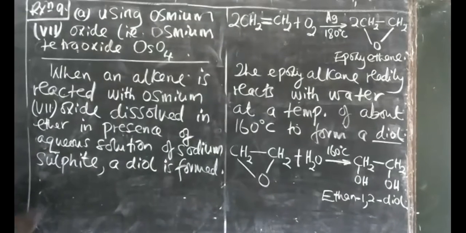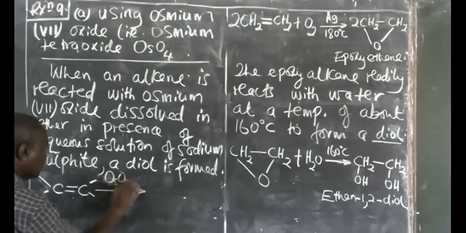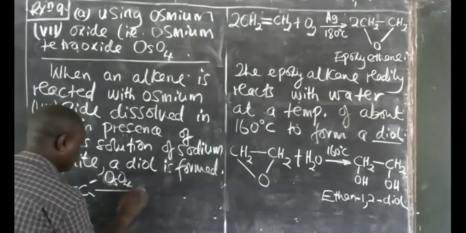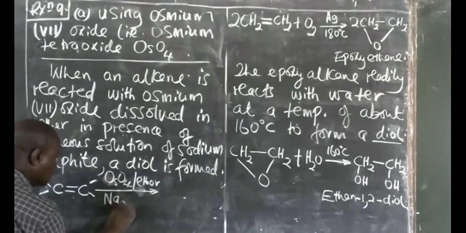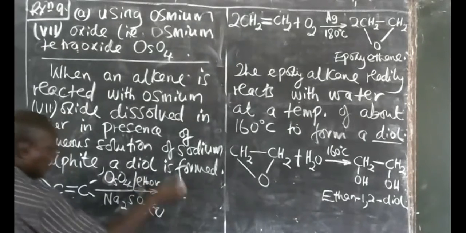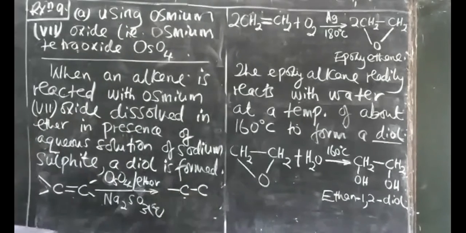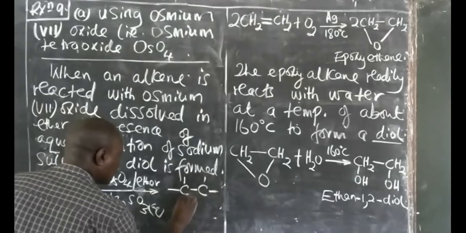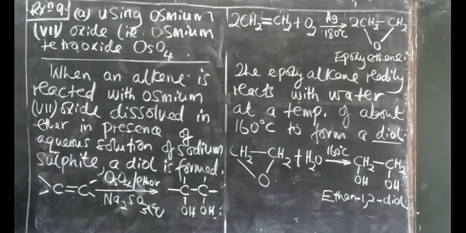So, for example, if we have an alkene, C double bond C, and we are reacting it with osmium tetroxide in the presence of ether, and then aqueous sodium sulfide, we are going to end up forming C-OH, C-OH, which is a diol.